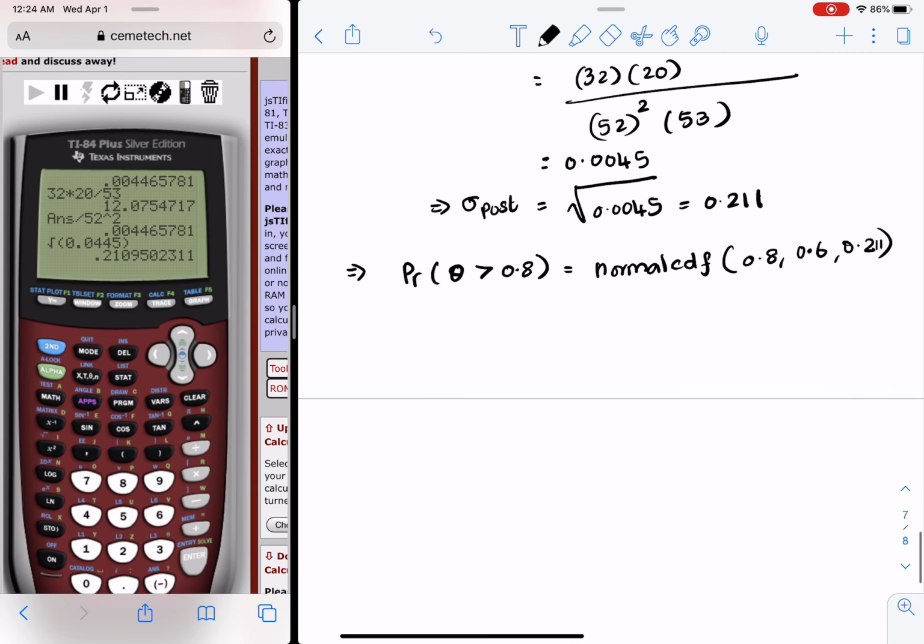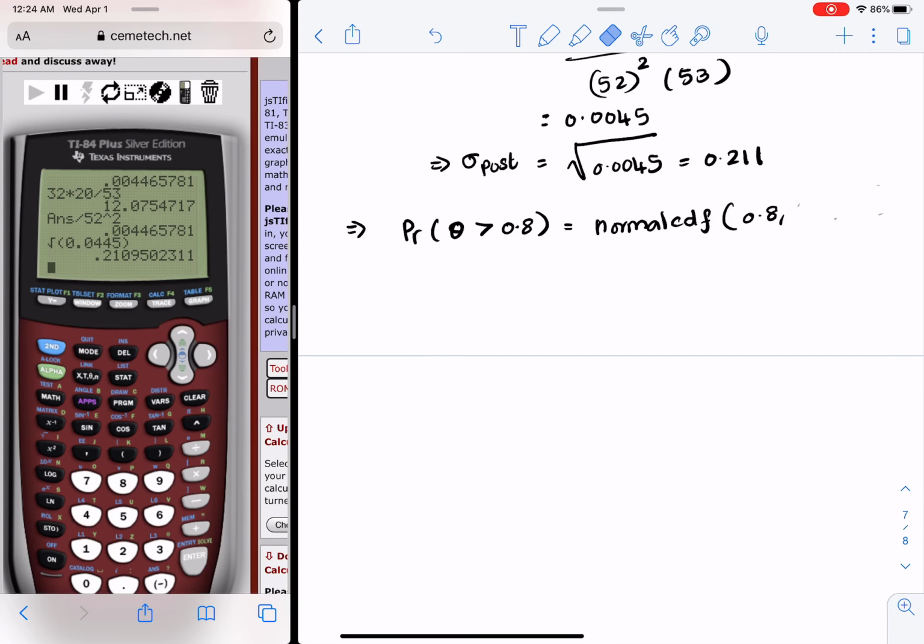It's not 0.6, it's actually 0.6154. I forgot to put the infinity part.